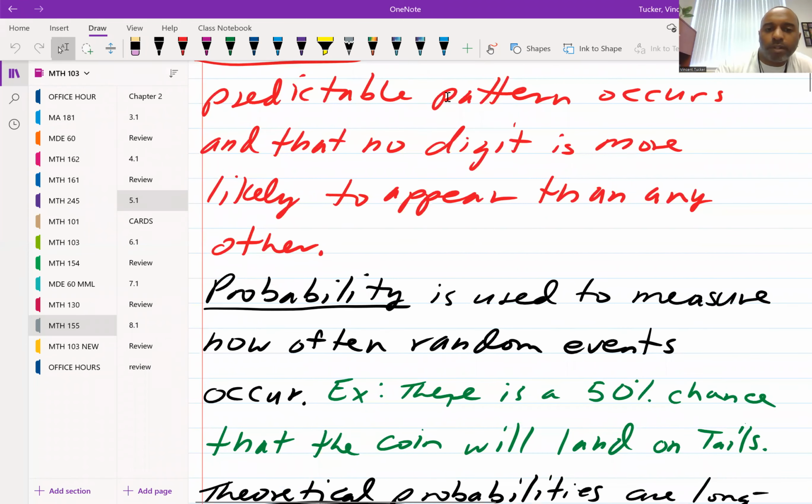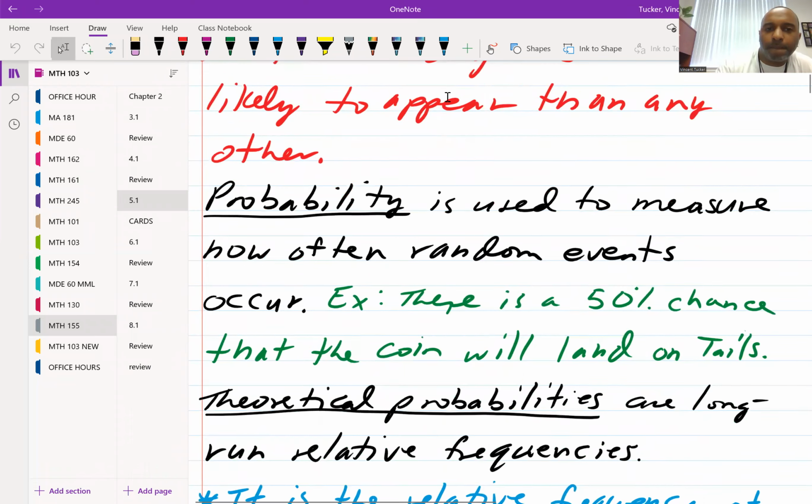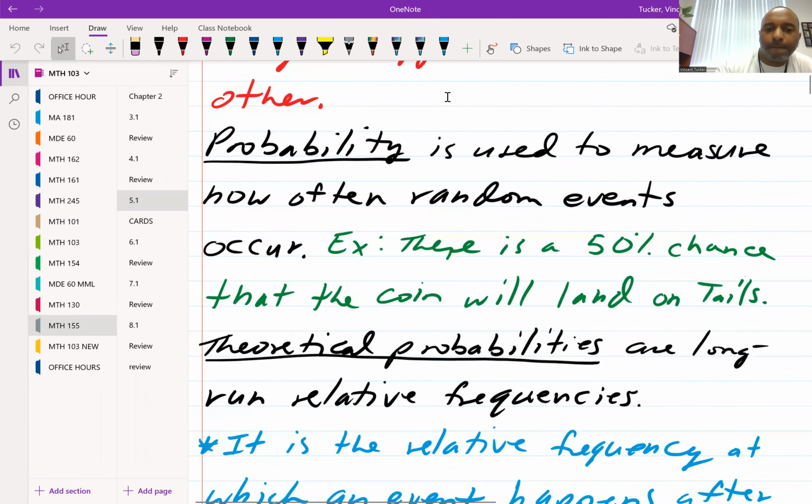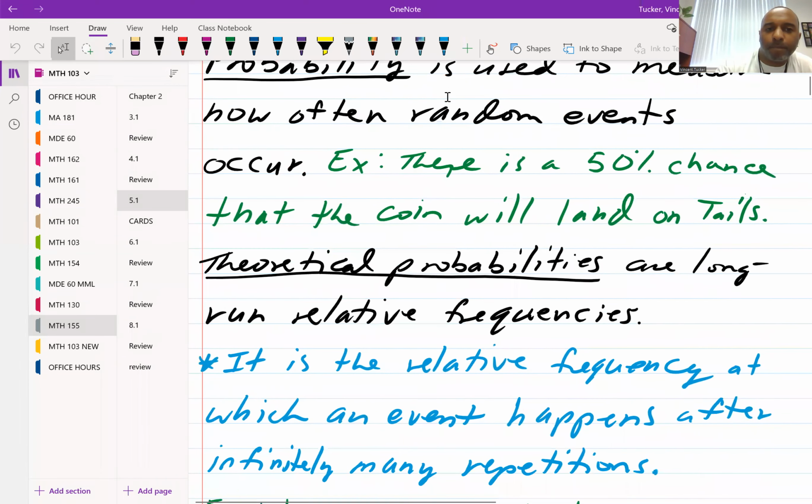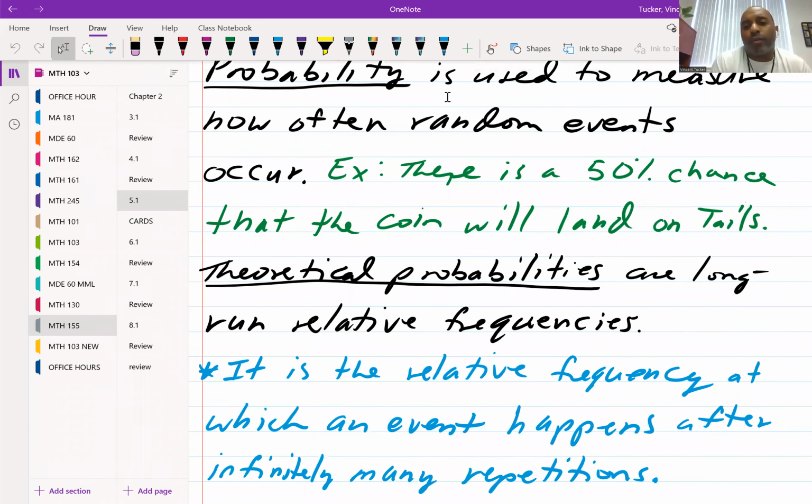Next, everybody done with the red? All right. So theoretical probabilities are long run relative frequencies. It is the relative frequency at which an event happens after infinitely many repetitions.